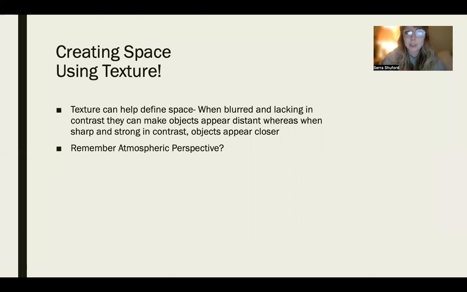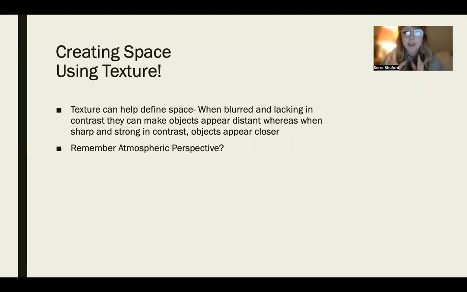You can also create space using texture, and I don't think I talked about this at the end of our last module, but texture can help define spaces. When it's blurred and lacking contrast, objects appear more distant, whereas when more sharp and strong in contrast, objects appear to be closer. So think about atmospheric perspective and how we talked about that last time.